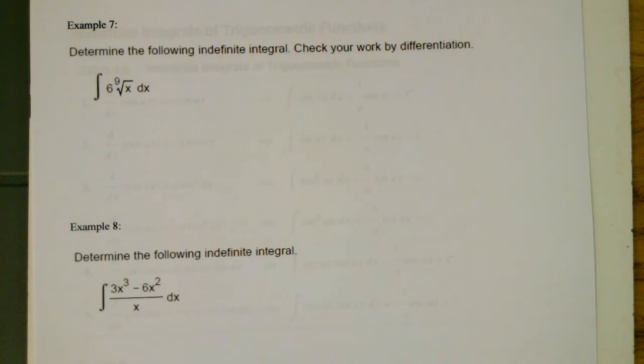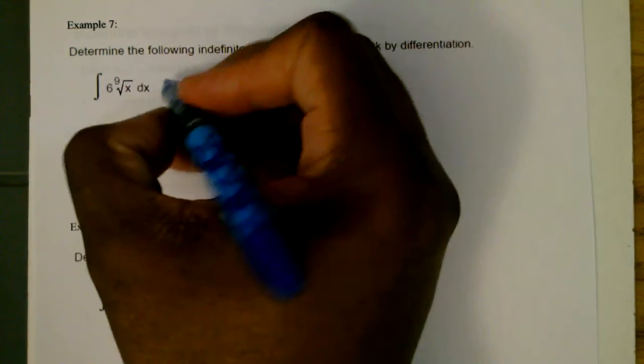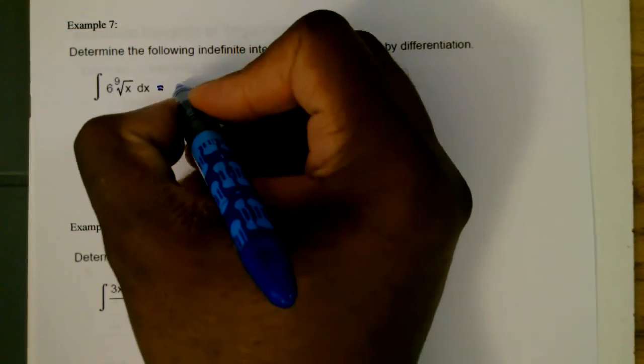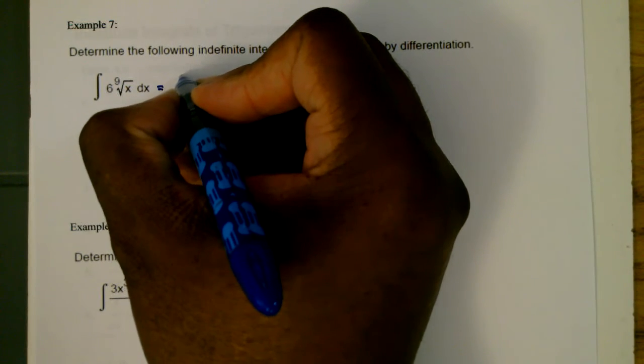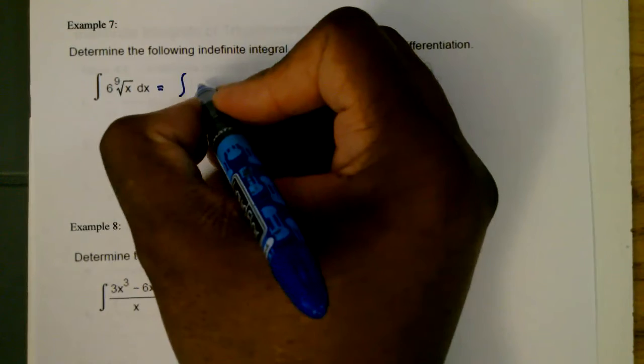And again, we can check our work by differentiation. The integral of 6 times the 9th root of x dx. So I'm going to write this using exponential form here.